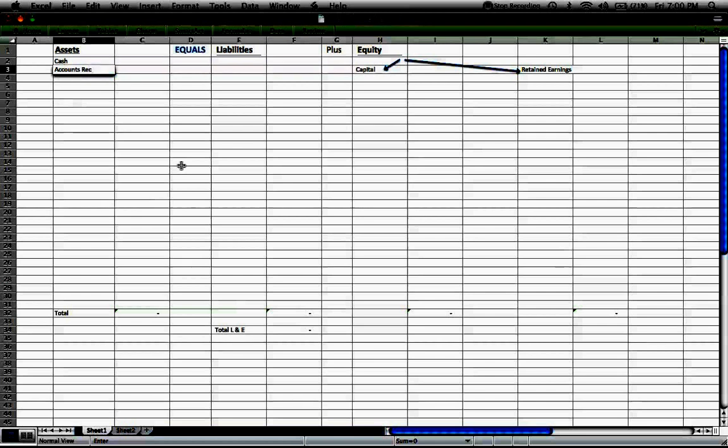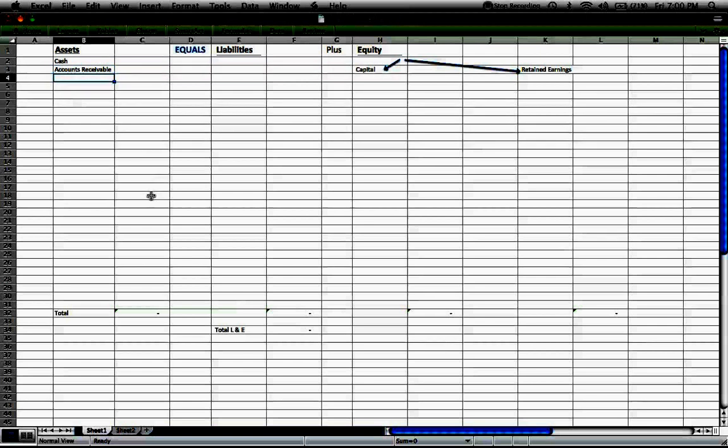These are amounts of money that you will receive from your customers for which you have already performed services or sold goods. So hopefully in a very short amount of time, these accounts receivable will turn into cash.